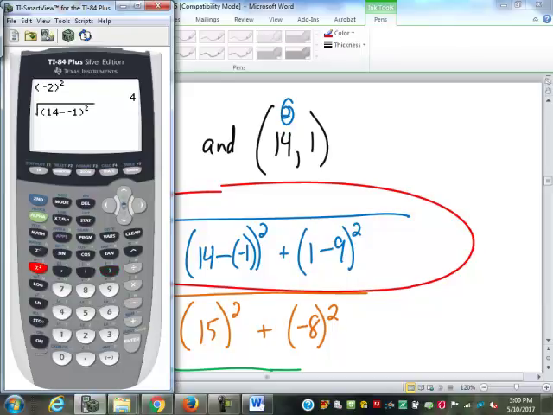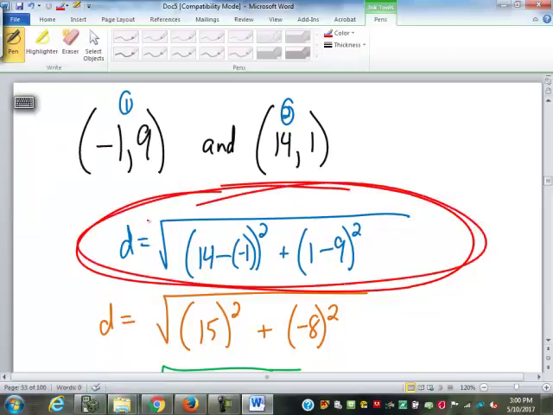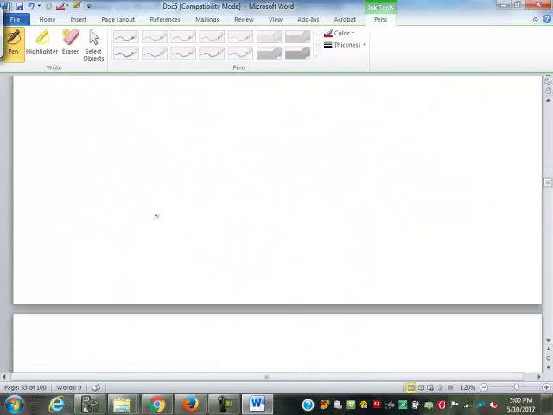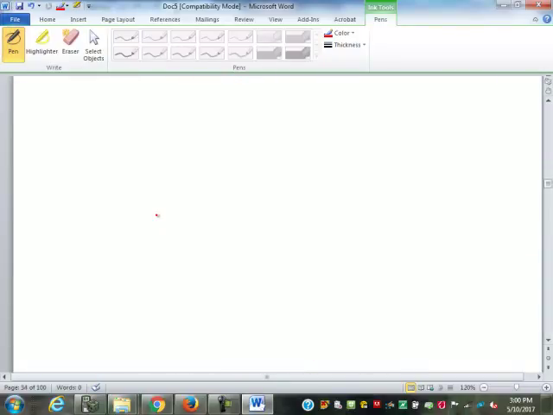Squared, plus parentheses, 1 minus 9, close the parentheses, squared. Hit equals, and it should spit out the 17, and there it is. So you don't have to go step by step like I did. Once you put the numbers in the formula, you can just type it in the calculator. Okay, so that's our distance formula.